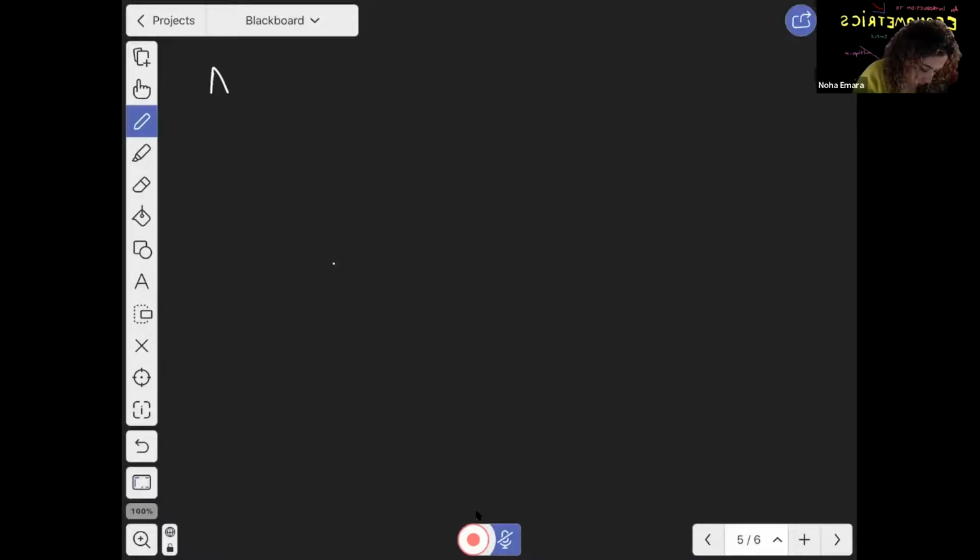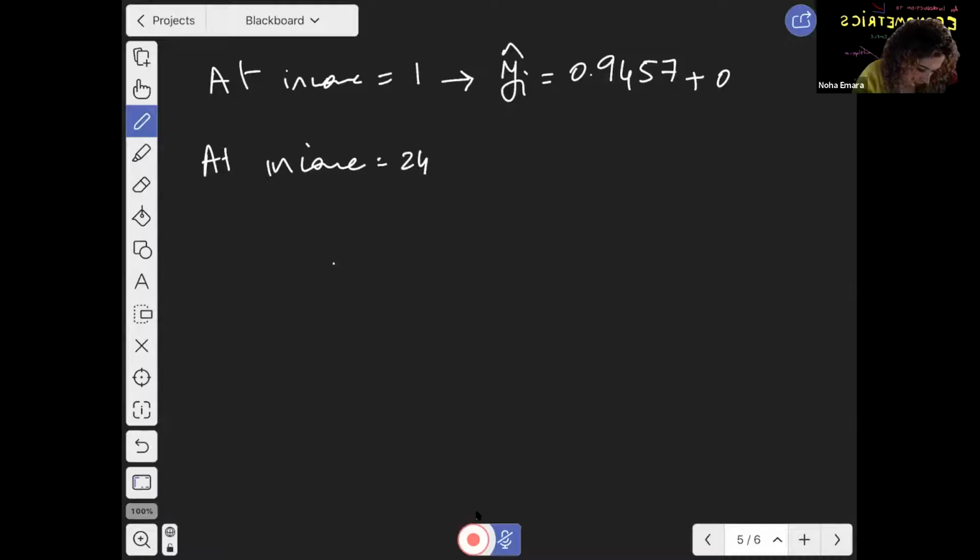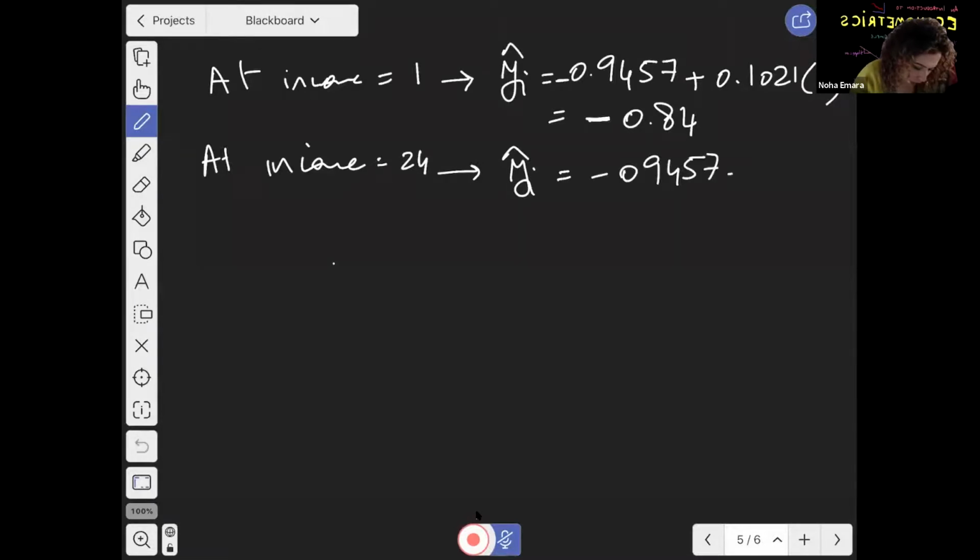Here y i hat is equal, you just plug in the number again, times 1, and the number that you will get is unfortunately negative 0.84. For this one, y i hat is equal to negative 0.9457 plus 0.1021 times 24, and the number that you will get is 1.5.